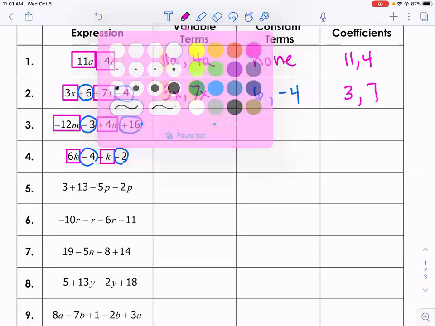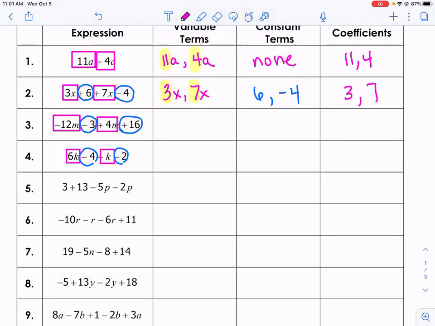Brady, what are our variable terms in number 3? Okay, whether you say -12m or negative 12m, same thing.